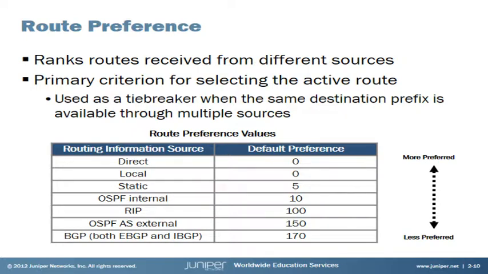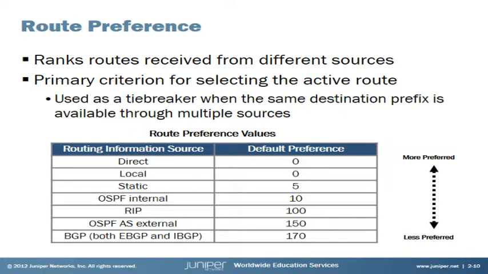OSPF internal routes 10, RIP is 100, external routes 150, and then we've got BGP, both eBGP and iBGP, at 170. So what is the point of that? Can anyone tell me? The first thing to notice is that the lowest number is the more preferred.